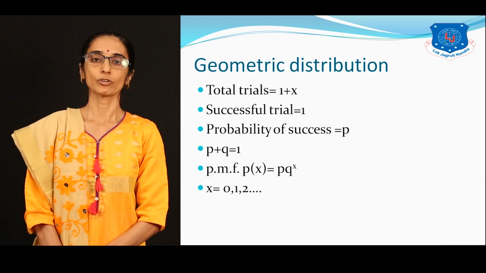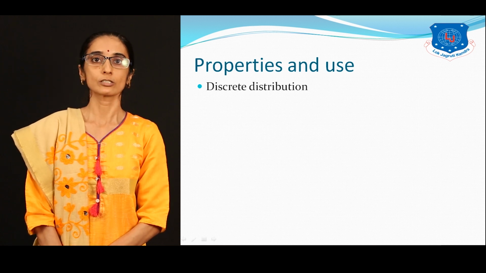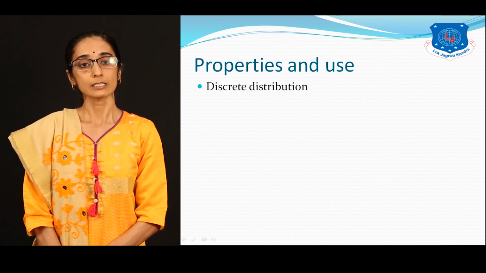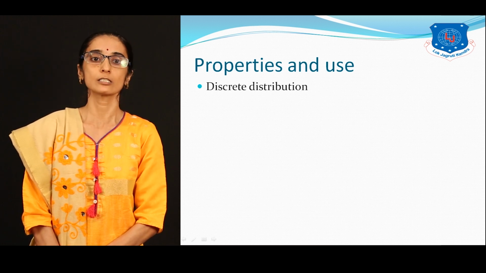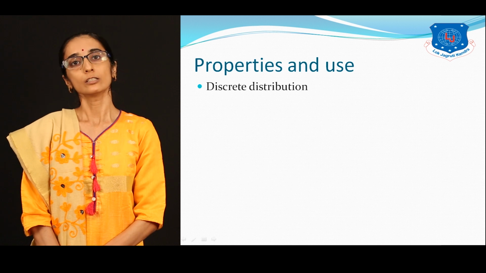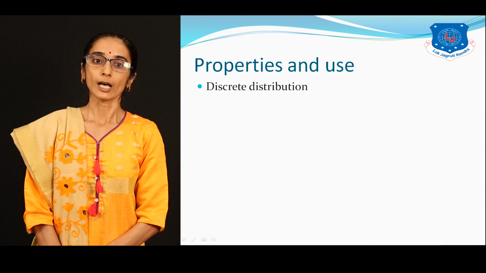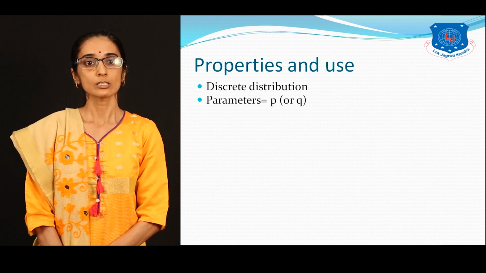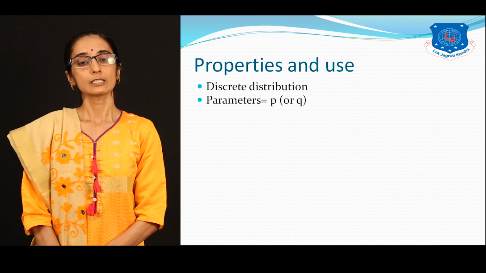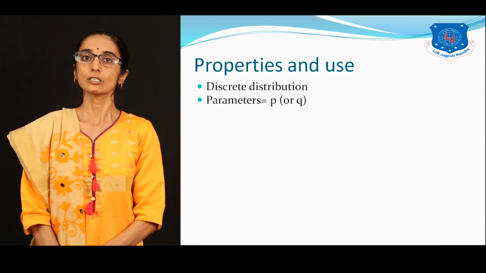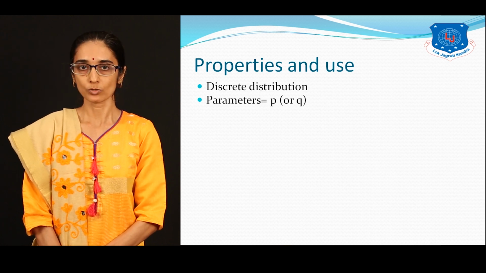Now let's see the characteristics and properties of this distribution. This is also a discrete distribution, as negative binomial distribution was also a discrete distribution, and this is a particular case of it. But now here the parameter is only P, or we can call it Q. Since there is just one parameter, this distribution is also known as the uniparametric distribution.